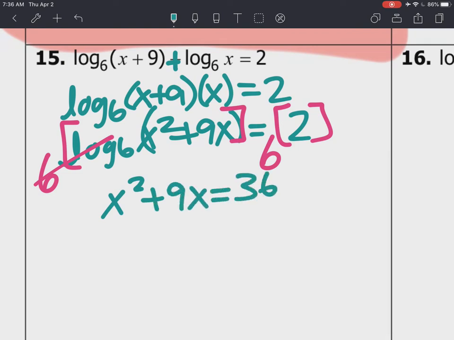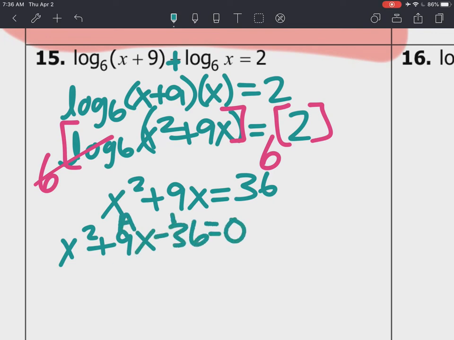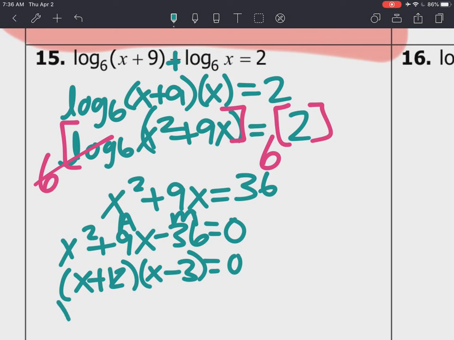Then I'm going to go back and I'm going to get x squared plus 9x equals 6 squared, which is 36. Subtract 36 to the left side. Two numbers that add to 9 and multiply to negative 36. That is positive 12 and negative 3, which means the final answers are negative 12 and 3.